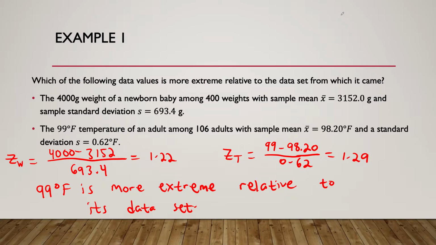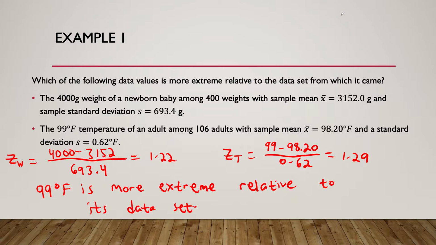The 99 degree Fahrenheit temperature of an adult among 106 adults with sample mean x bar of 98.20 degrees Fahrenheit and a standard deviation s of 0.62 degrees Fahrenheit.